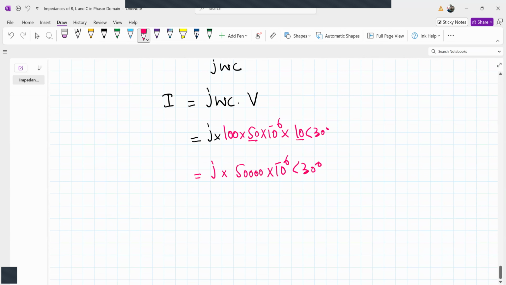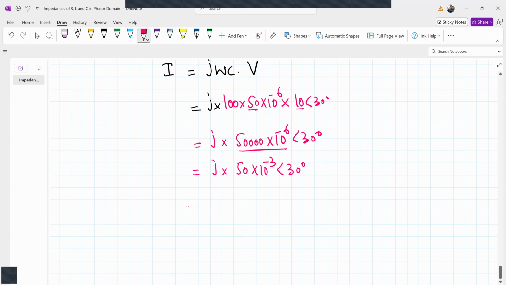Okay. First, let me evaluate this part first. So this I can write as j into 50 into 10 to the power minus 3 at an angle of 30 degrees.